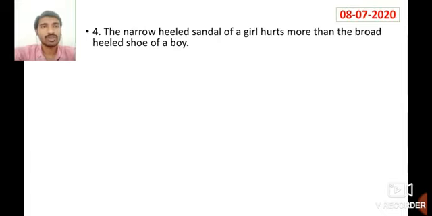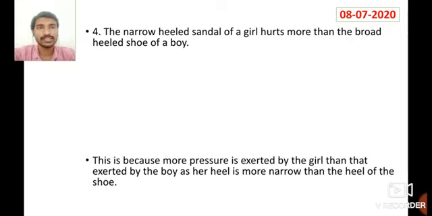So let us go to the fourth example. A narrow-heeled sandal of a girl hurts more than a broad-heeled shoe of a boy. Usually boys wear shoes that have a broad heel and girls wear sandals which have narrow, that means pointed, heels.